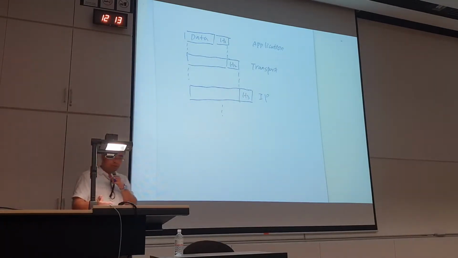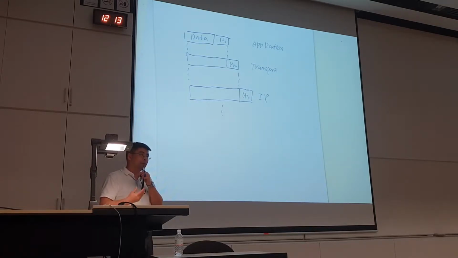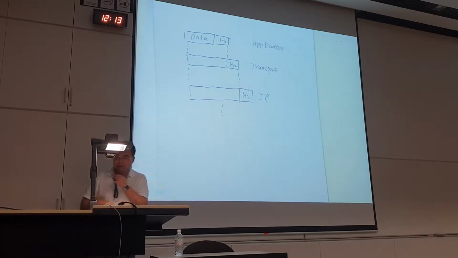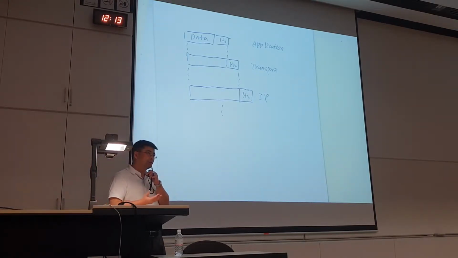The sender processes data from top to bottom. You interact with the application, then you prepare the data packet from top to bottom. The receiver processes data from bottom to top, because the receiver first receives data from the so-called physical layer.